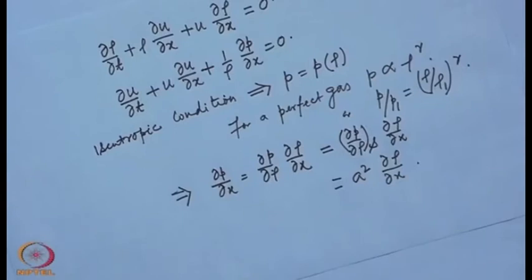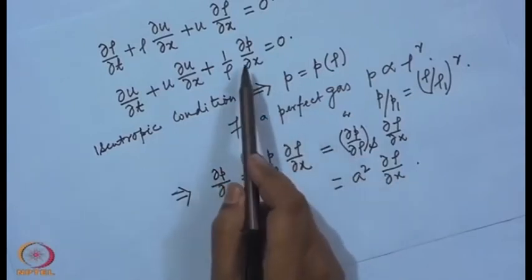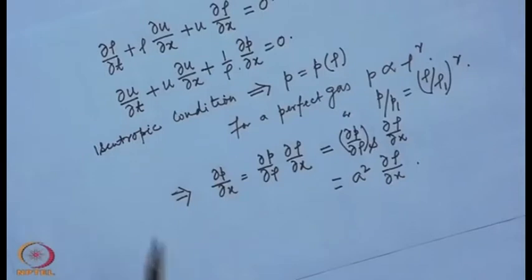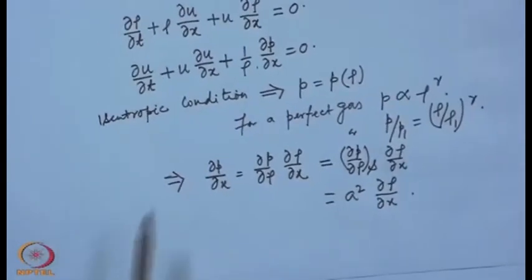This we can substitute in the Euler or momentum equation and eliminate P with the help of this relation.